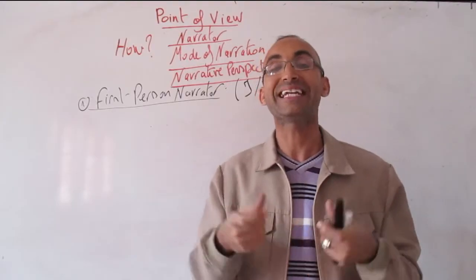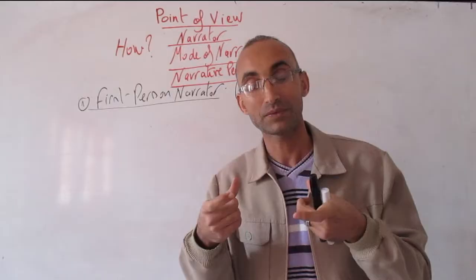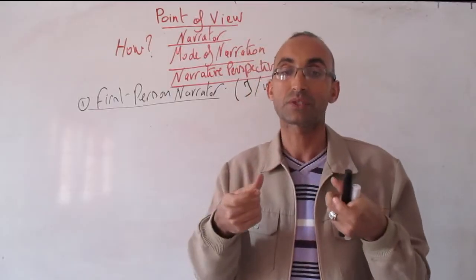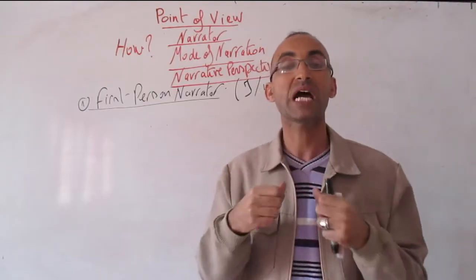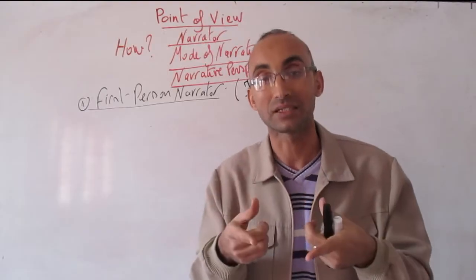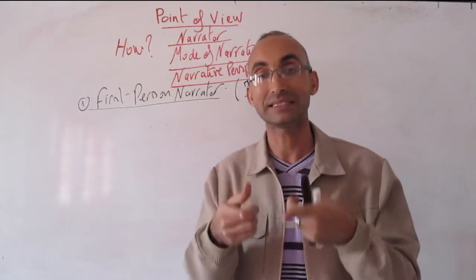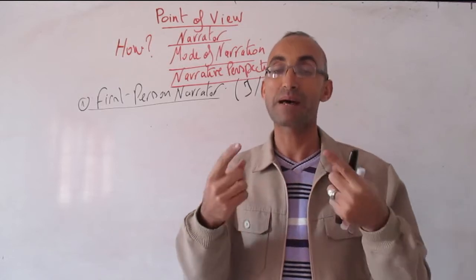However, here also we are limited to the scope of this third-person narrator. That's why it's called limited, because we are limited to his scope of knowledge. We know only what he knows, and we see only what he sees, and we don't know anything except if he tells us about it.